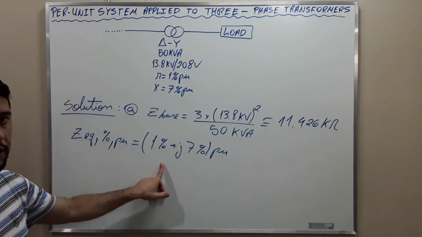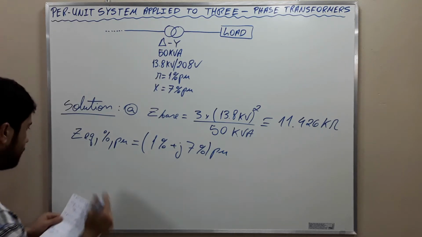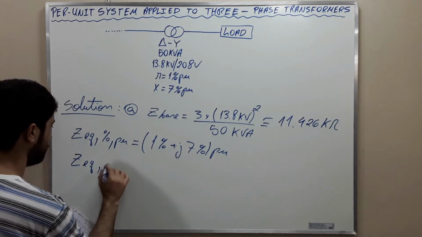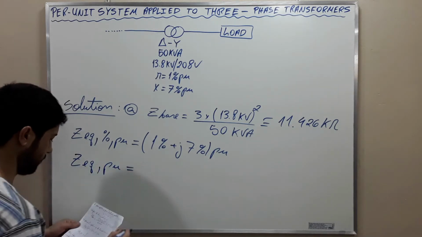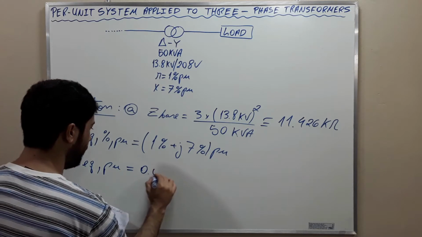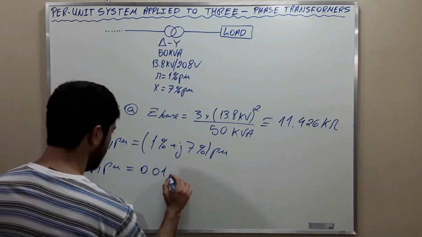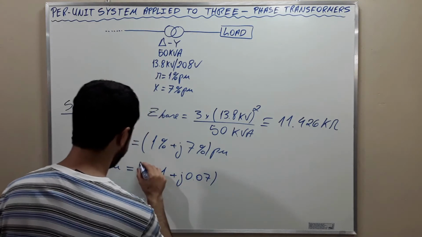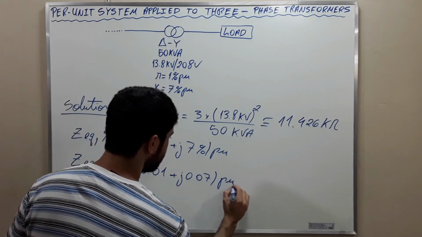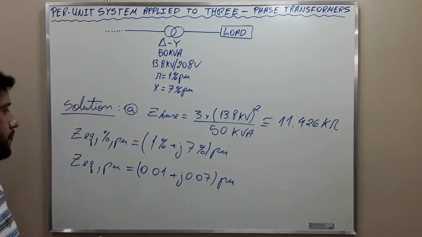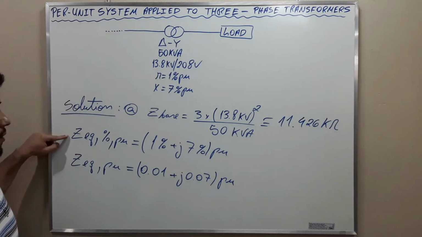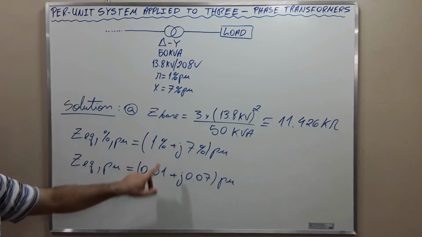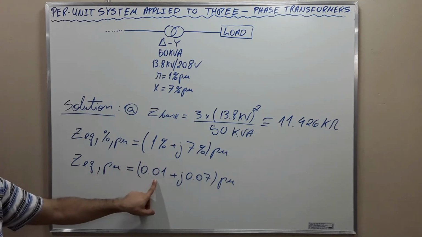It can be rewritten as 0.01 plus J 0.07 per unit. They are different. This is in percent, this is in the number.